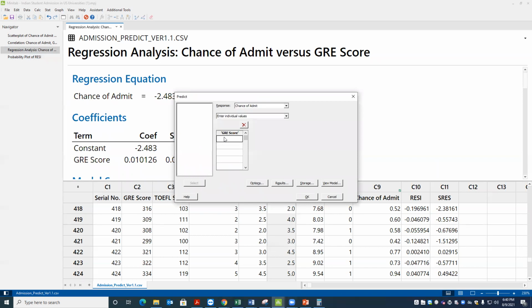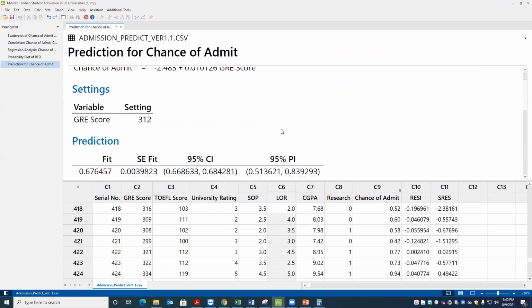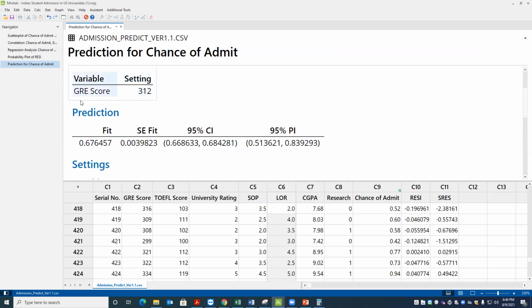Let's say I'm checking for 3 students: one got 312, another got 314, and one got 290. What is the chance of admission for all 3 people? The person who got 312 has a chance of admission of 67.6%.